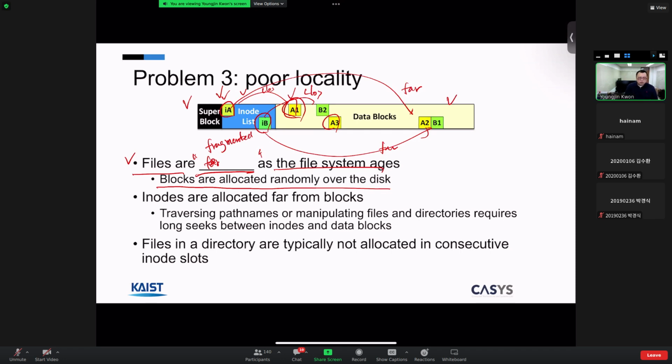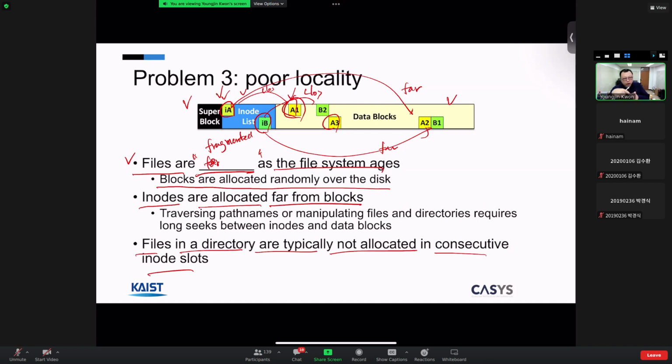Okay. So there's a case where inodes are allocated far from the blocks. So the distance between inode and data blocks is far in some cases. Okay. And also files in a directory are typically not allocated in consecutive blocks.